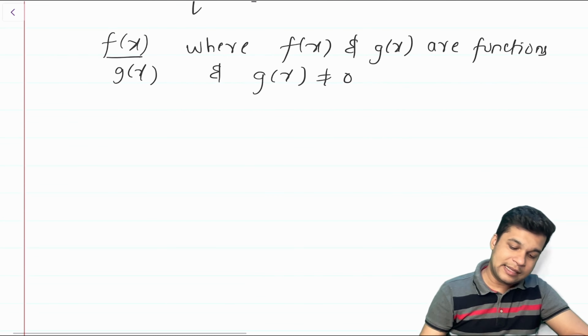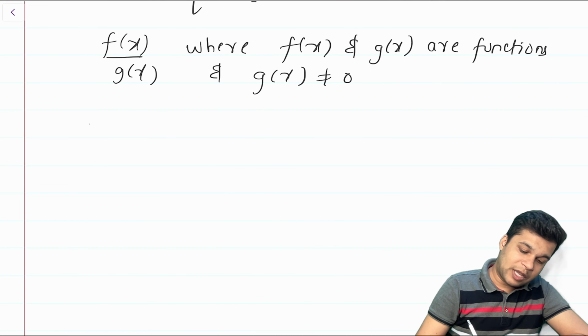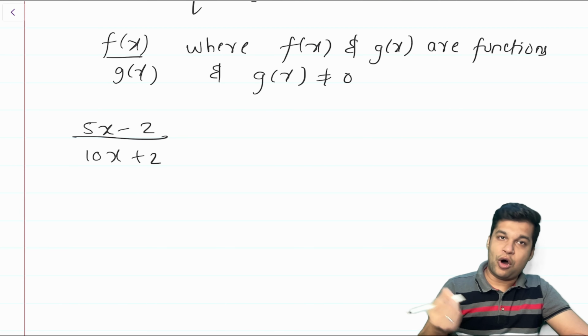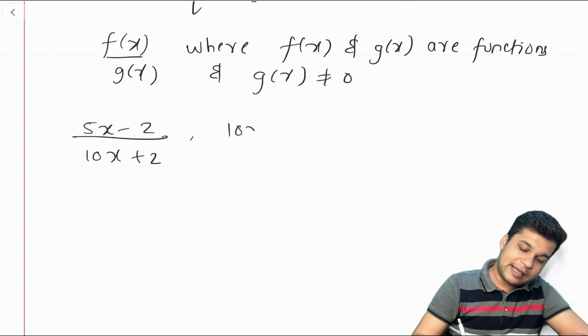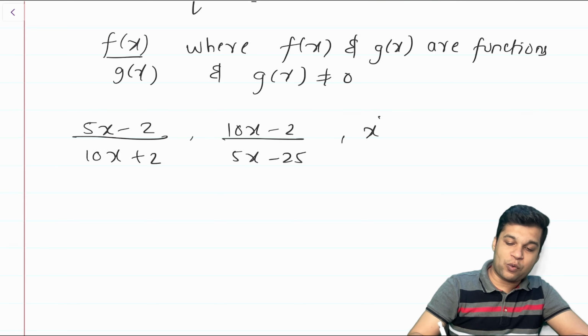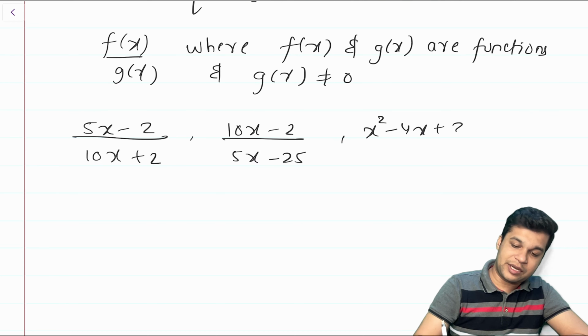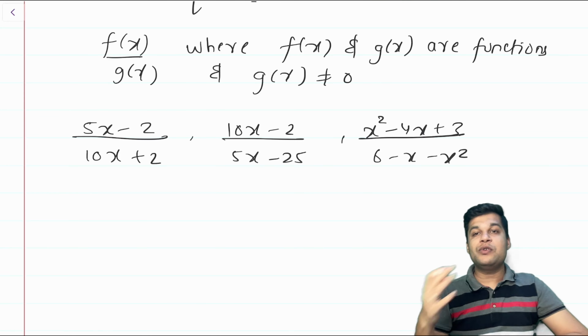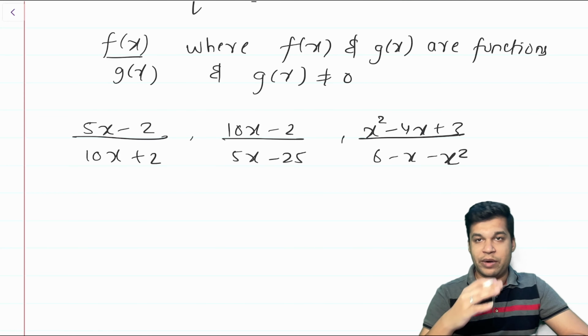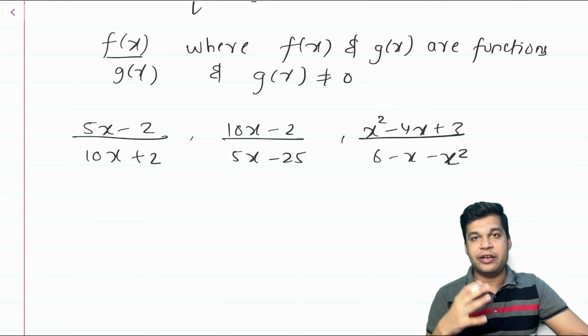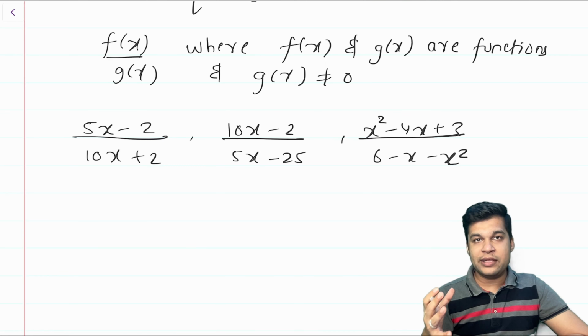Let's say 5x minus 2 divided by 10x plus 2, or maybe 10x minus 2 divided by 5x minus 25, or x square minus 4x plus 3 divided by 6 minus x square. So if you see, we have a function in the numerator and a function in the denominator. Together we call them rational functions.